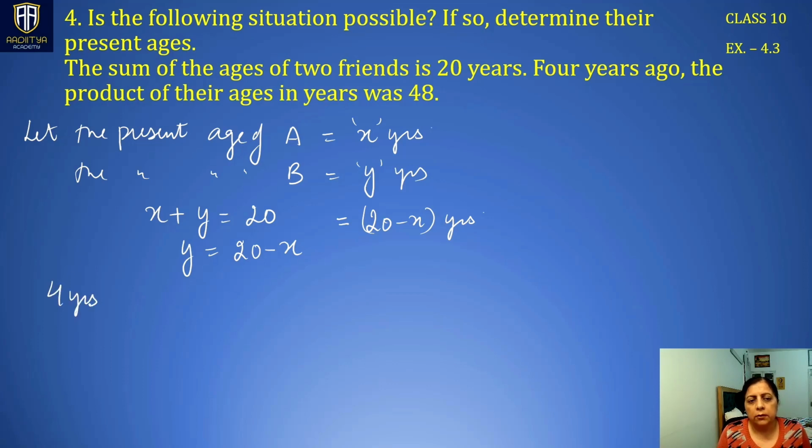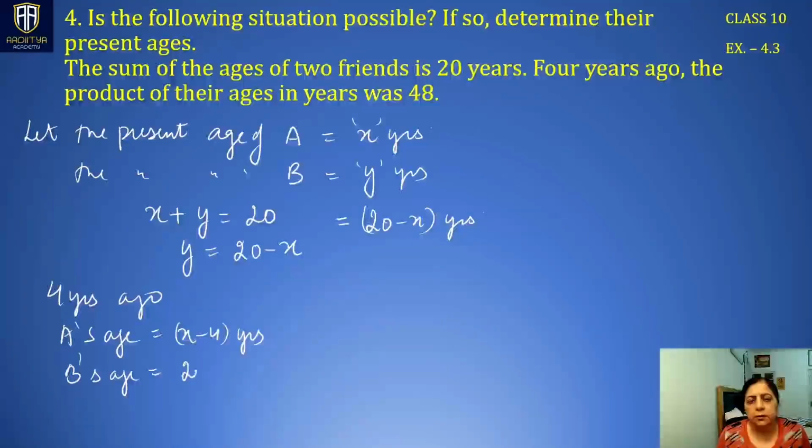4 years ago, A's age will be x minus 4, since his present age is x, so his age 4 years back from now will be x minus 4 years. And regarding B's age, B is right now having age of 20 minus x. So 4 years back he will be 20 minus x minus 4 years, which is 16 minus x years.